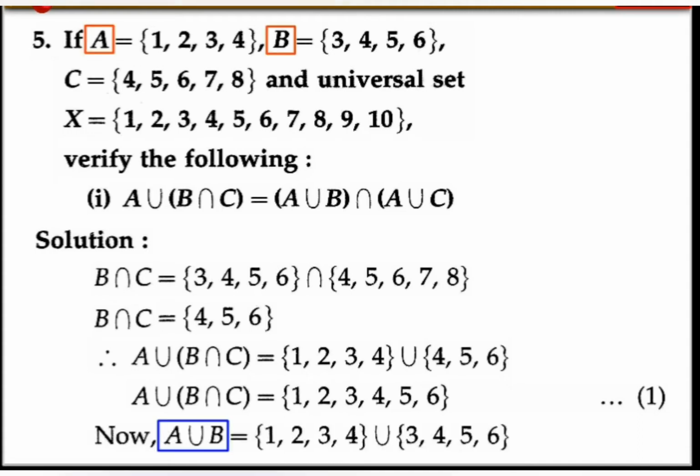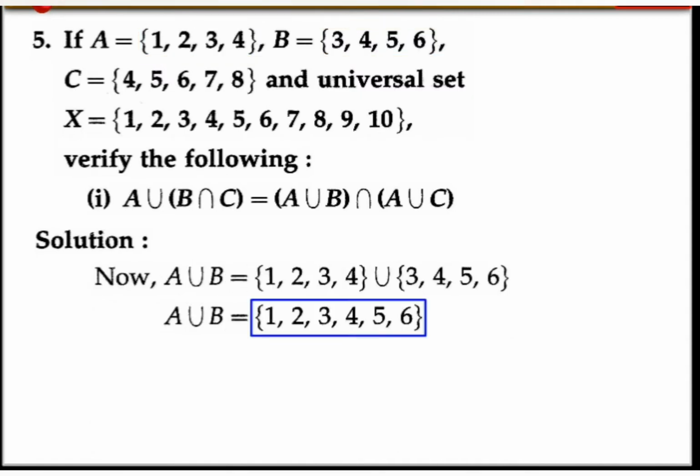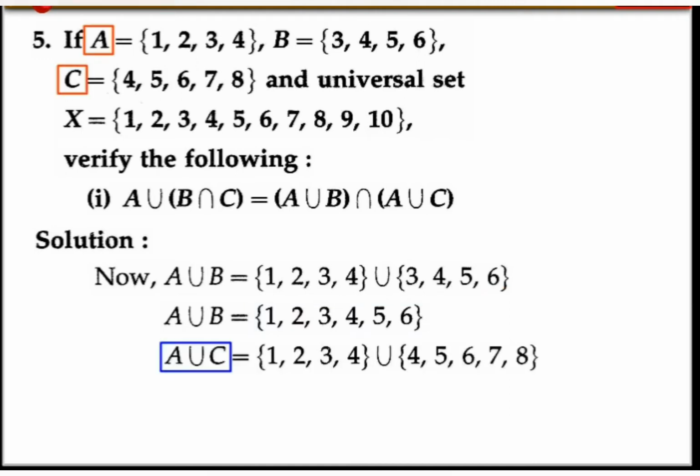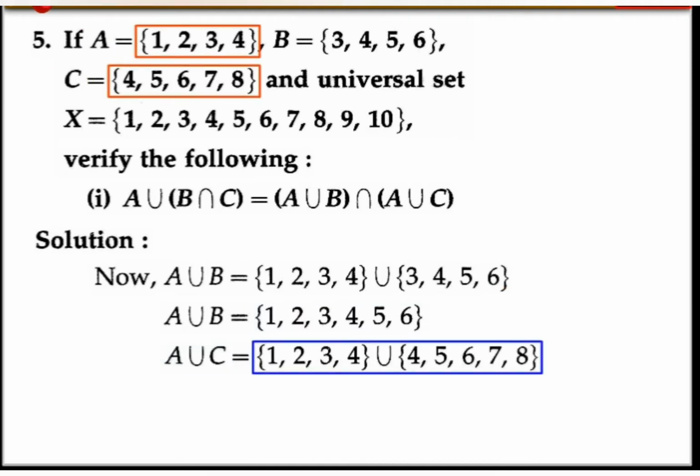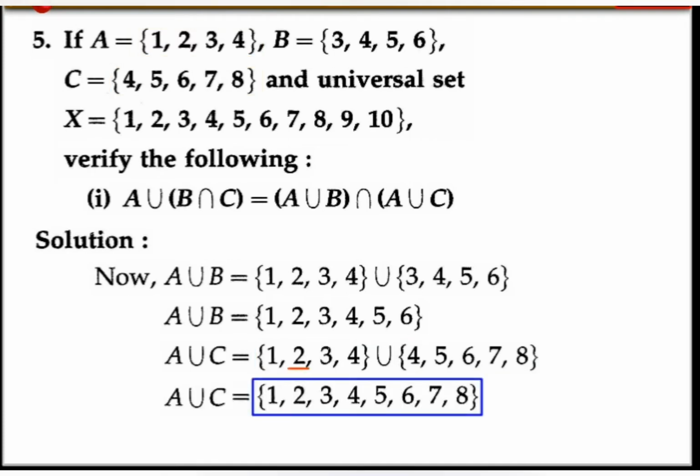Now A ∪ B would be {1, 2, 3, 4} ∪ {3, 4, 5, 6}, which is {1, 2, 3, 4, 5, 6}. Now A ∪ C would be {1, 2, 3, 4} ∪ {4, 5, 6, 7, 8}, which is {1, 2, 3, 4, 5, 6, 7, 8}.